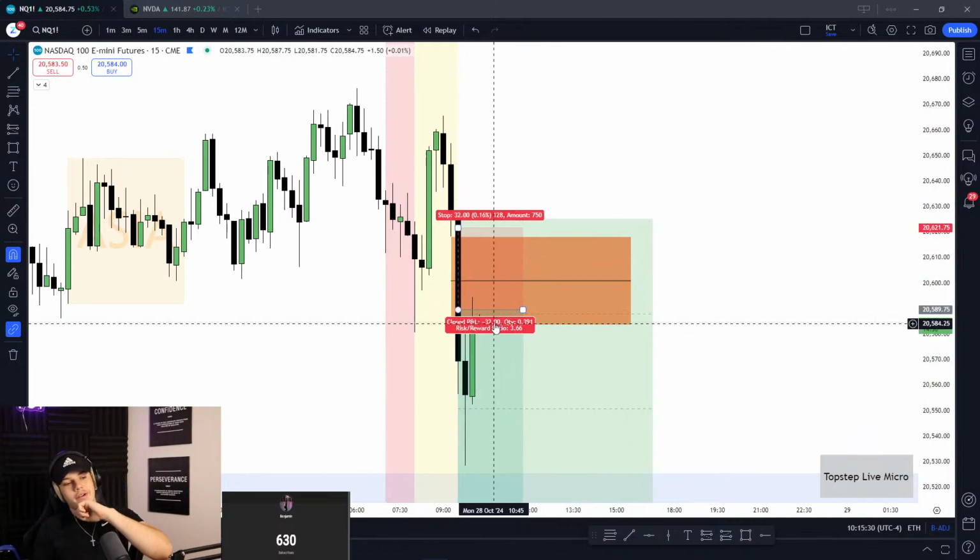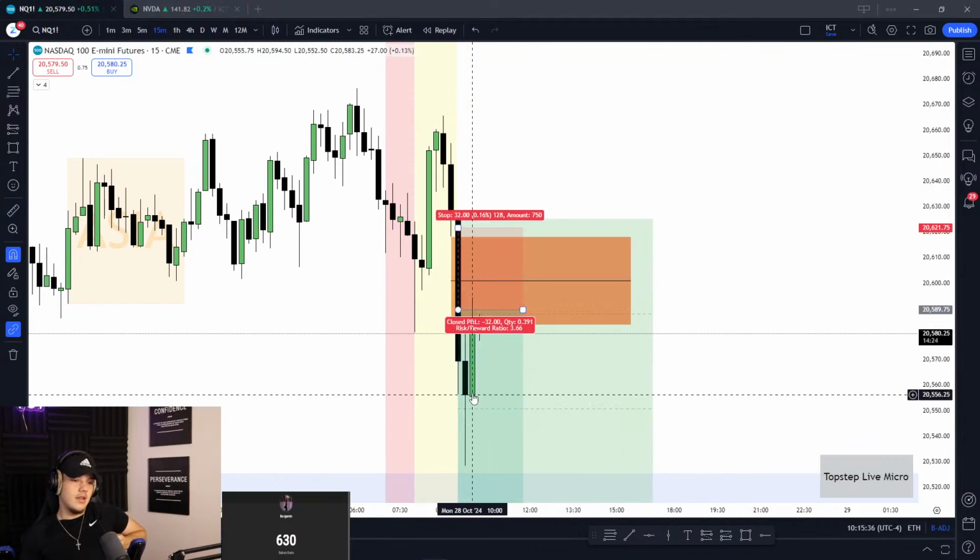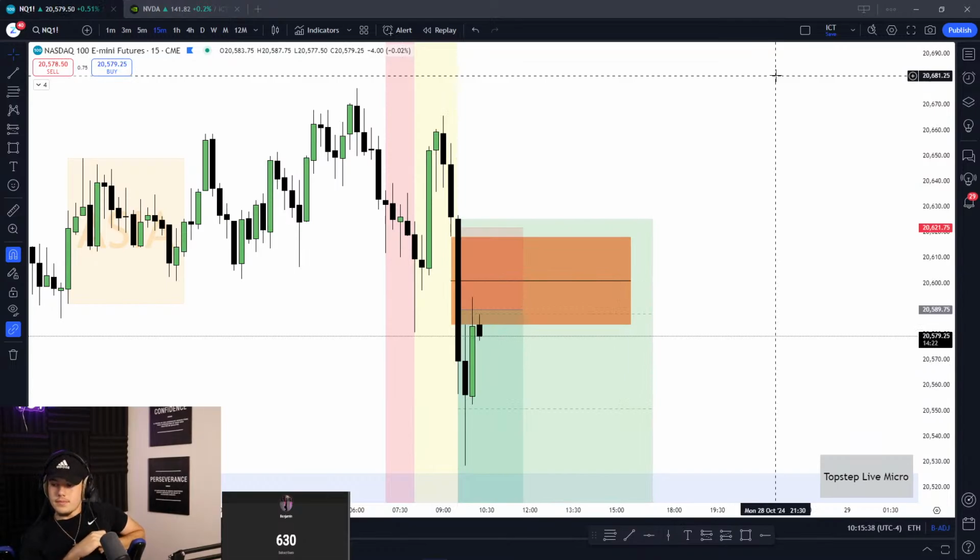The new 15-minute candle right now, ideally I want to see this candle displace below the low of this candle. Good reaction so far.